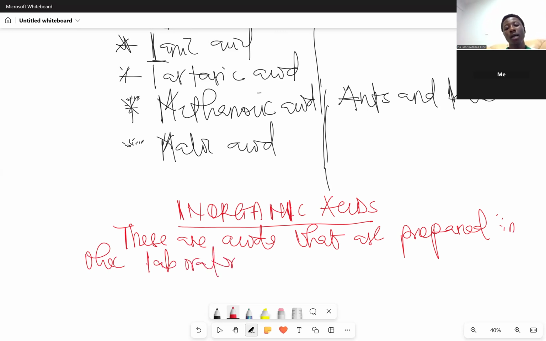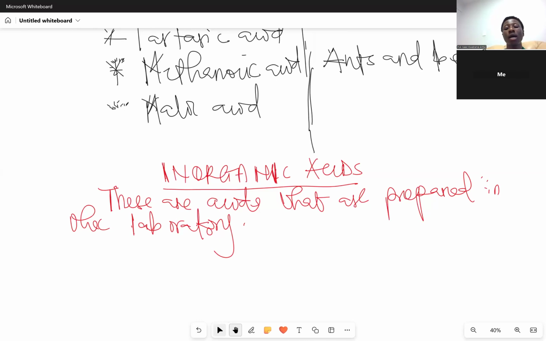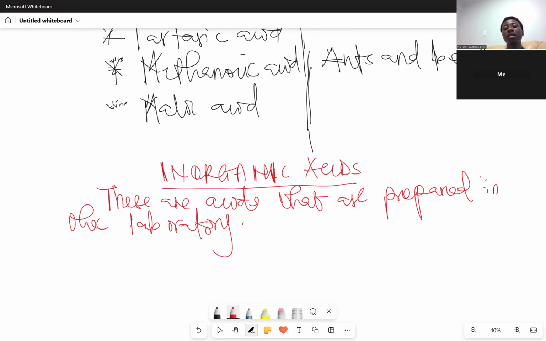While organic acids are gotten from organic sources, that is, plants and animals, inorganic acids are acids that are prepared in a laboratory. So examples here, no one will bother you about the sources.